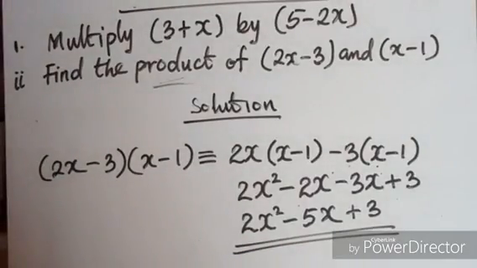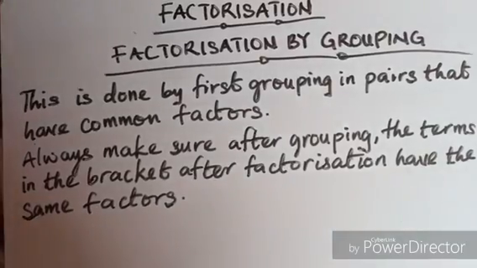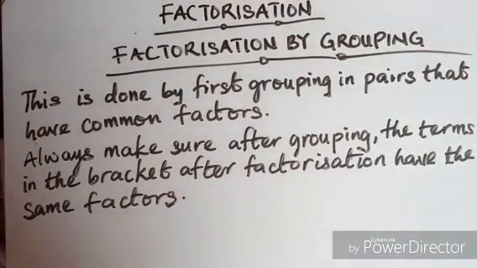Factorization. We are going to look at the various forms in which we can factorize a given expression. So we say this is done by first grouping in pairs the terms that have common factors.